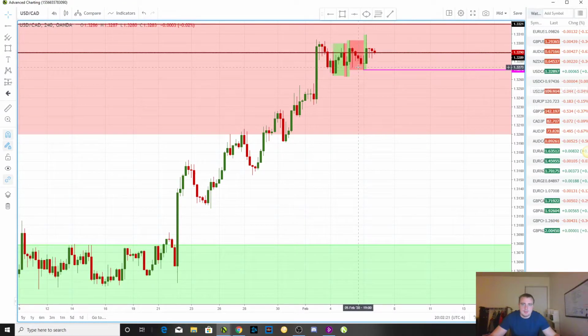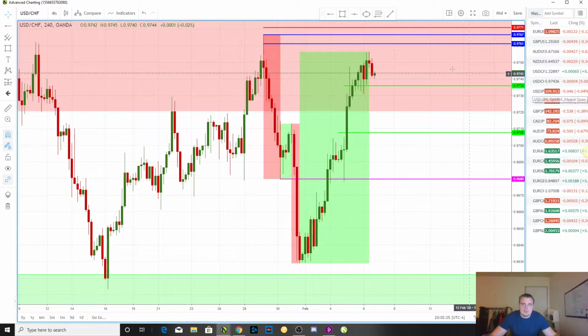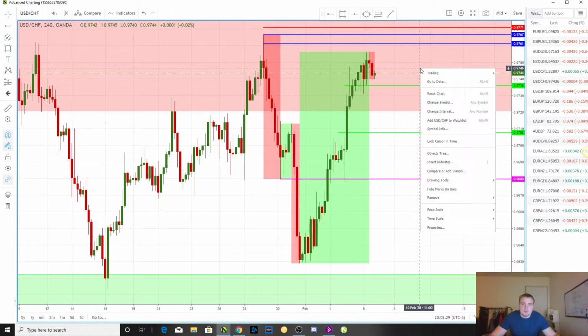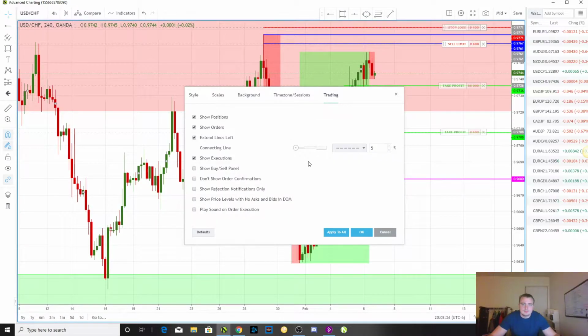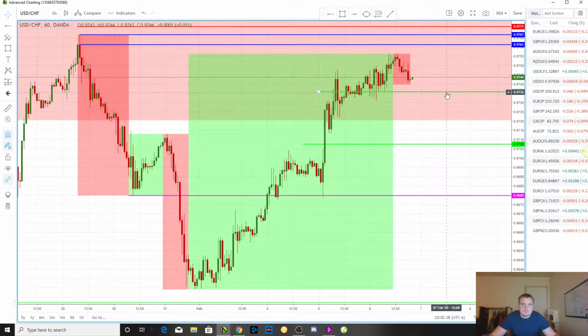Dollar CAD, same thing, waiting for just the breakout before we can take that. Dollar franc. So this is actually canceled. Yeah, we would have taken this whole candle as the zone.